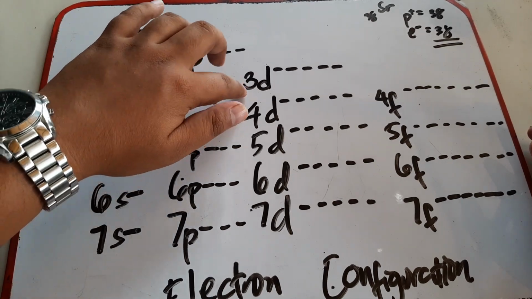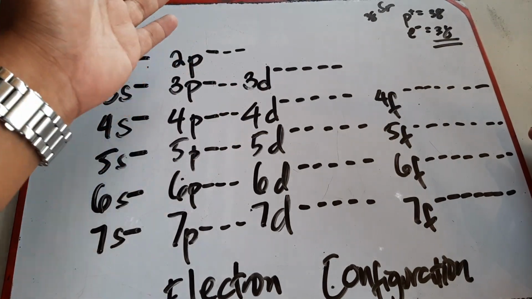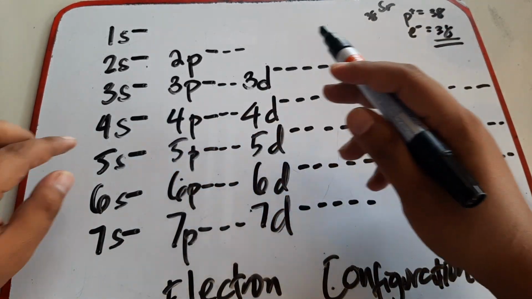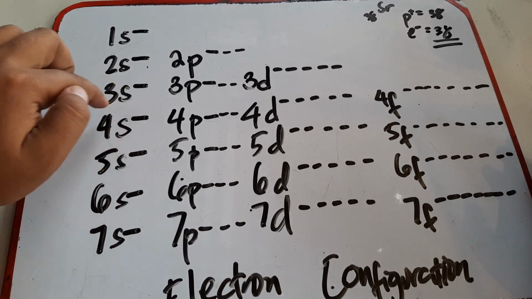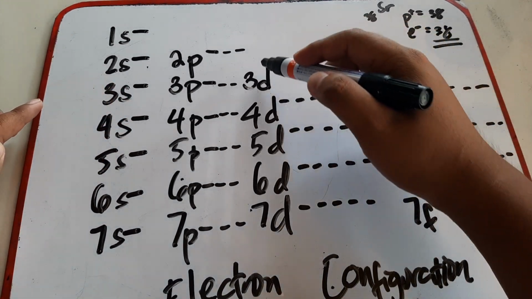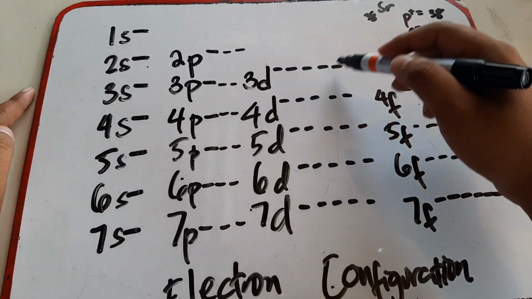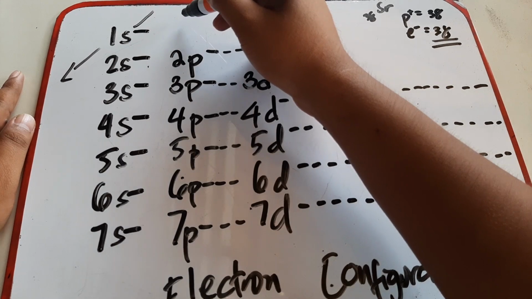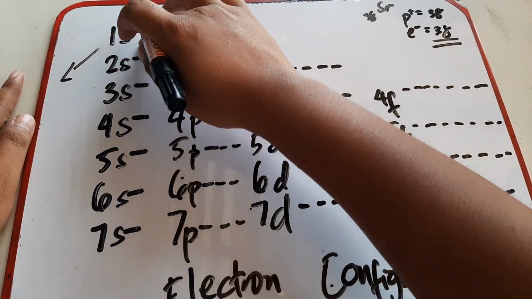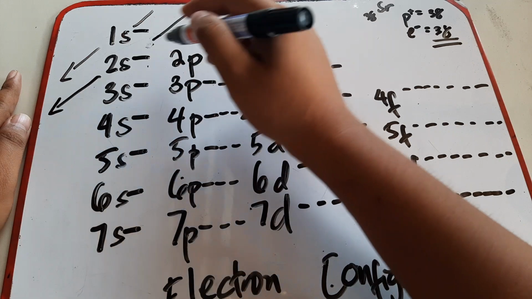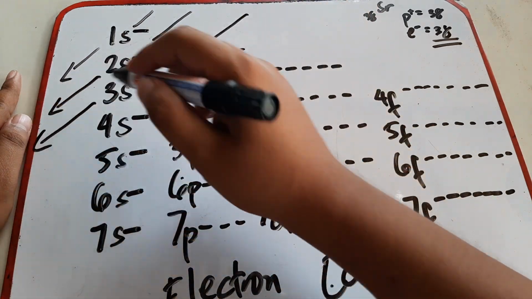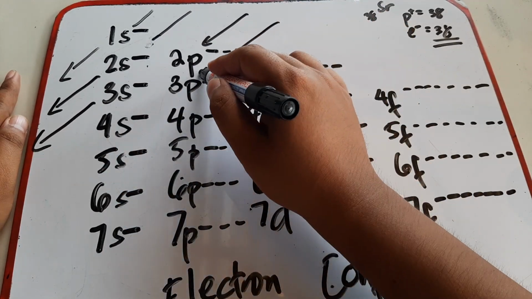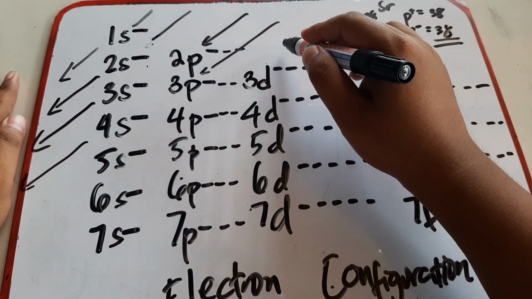Instead of jumping automatically to 3D, we'll put that in the illustration later, we go to 4S because it's easier to attract these two electrons than to attract the electrons here that are too many. So for that, we make a line. Familiar na ba? Why do we have this? We do this because instead of going to 3D automatically, it goes to 4S first. So, that is what will happen.